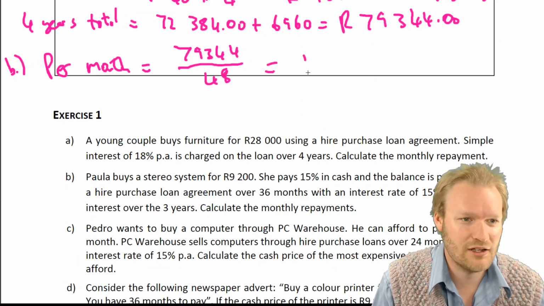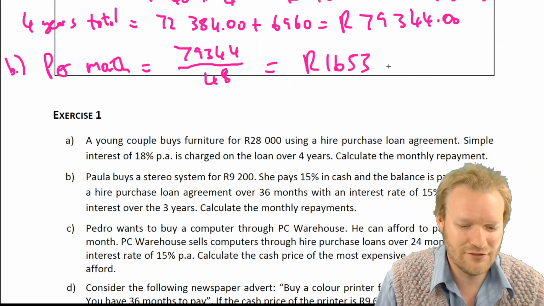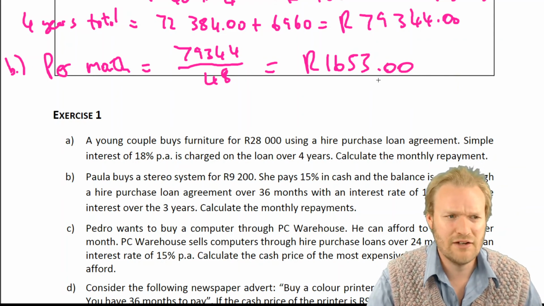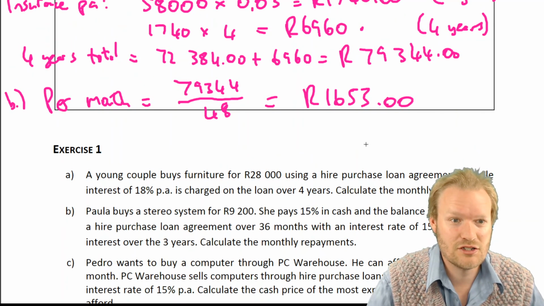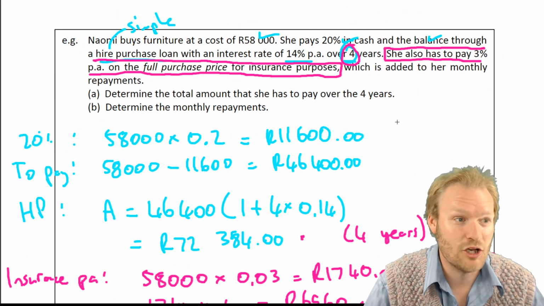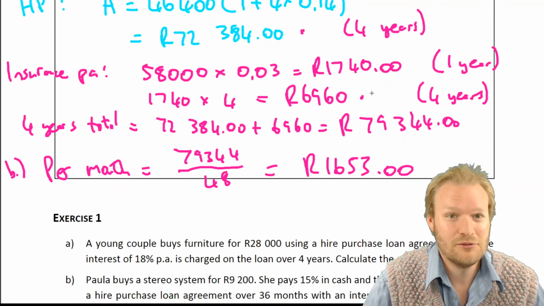So we punch that in our calculator, and we get 1653 every month. So 1653 every month for 4 years, grows to a steady amount of 80,000 rand for the shop. Naomi gets her furniture straight away, and there's our story.